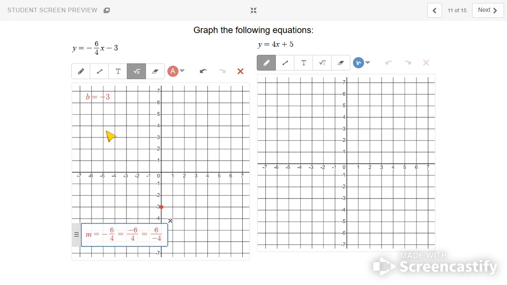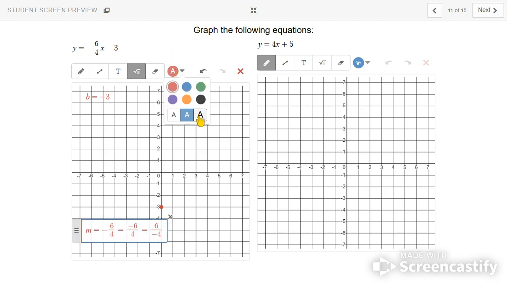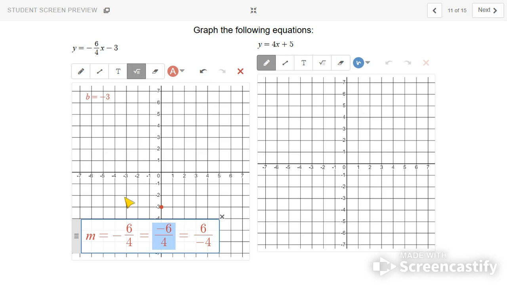Now let's say we decided to go with the first one. The first one gives us a -6. -6 is too far down. We won't be able to graph it. Let's use this other one, 6 and -4.